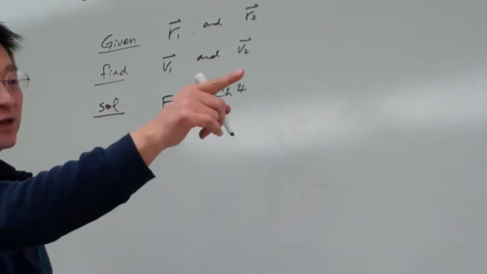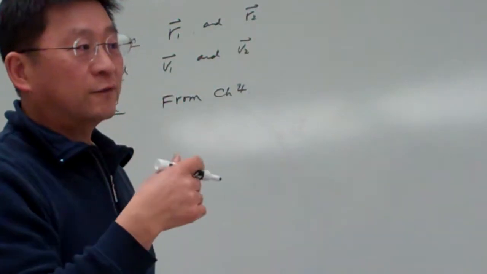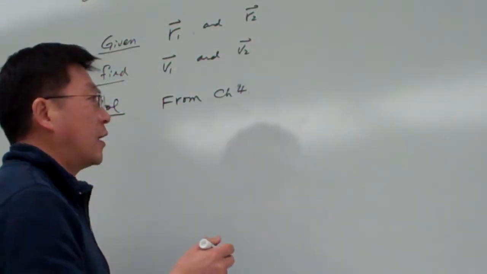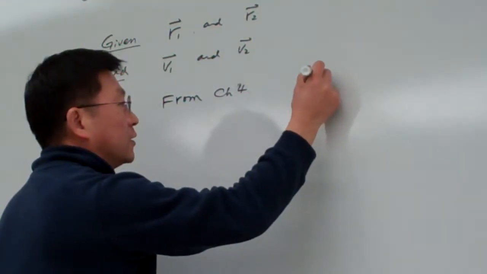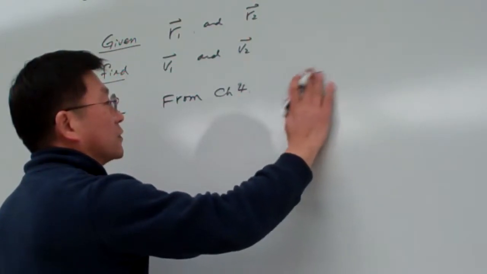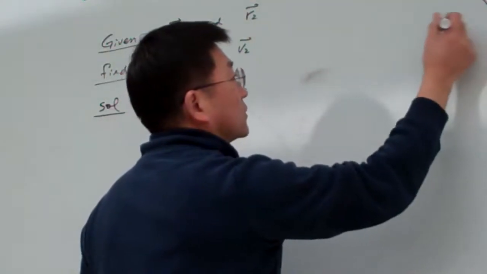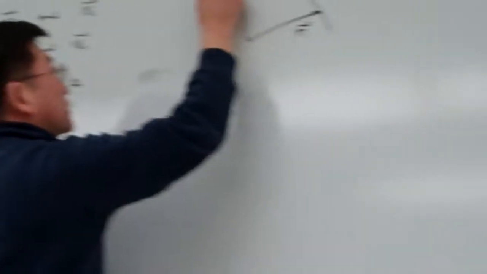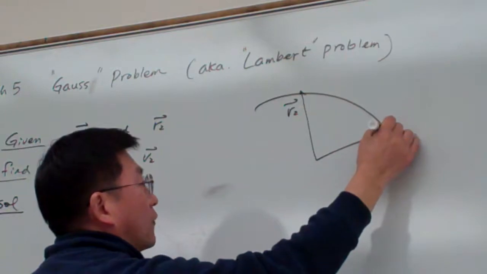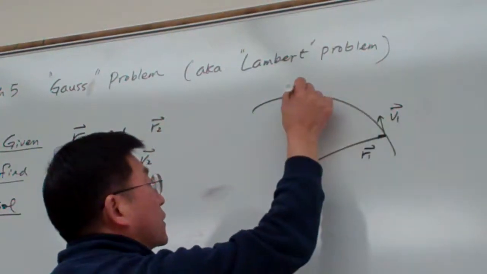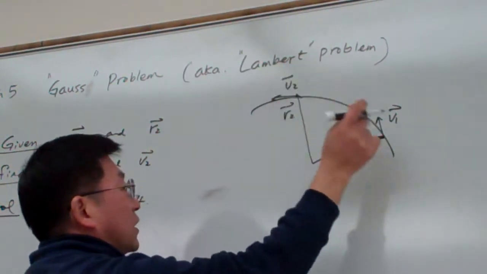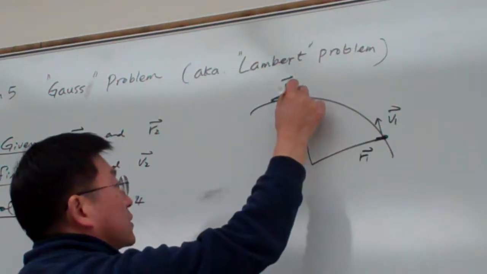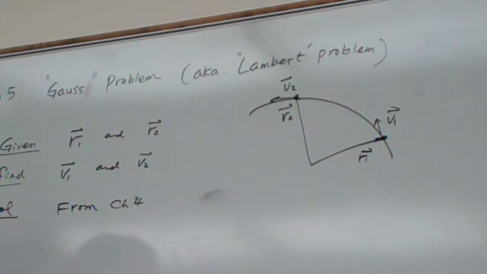Through the linear combinations of f, g, f dot, g dot, we know that for any, for example, if this is R1 here, and this is R2 here, we can treat this as V1, and we can treat V2. This is the initial point, and that is the derived point.